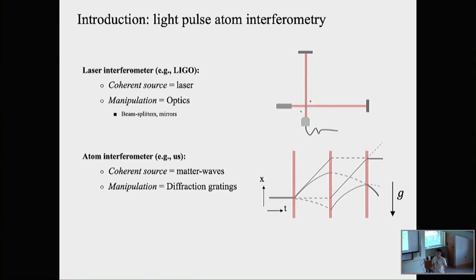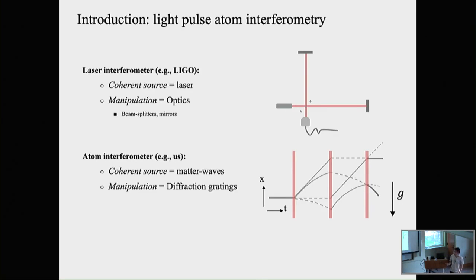For a laser interferometer, the coherent source is a laser, and you have a beam splitter and a mirror to split the laser, and then use a beam splitter again to combine the laser beams and have a detector here to detect the intensity. The intensity can be related to the differential phase the laser beam accumulated between different paths.